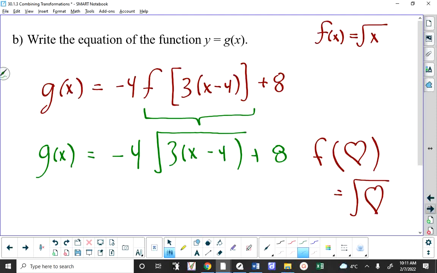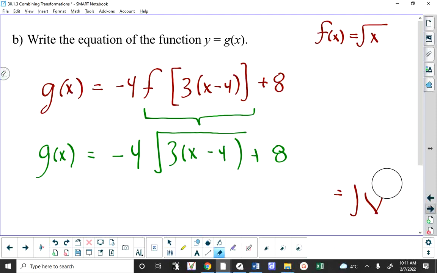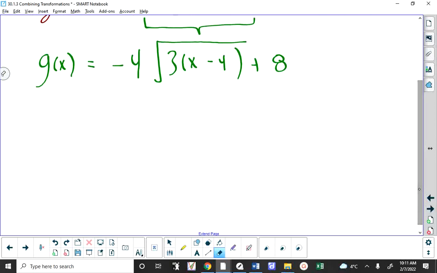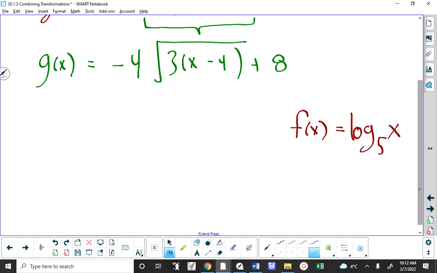Finally, I said to you maybe 5 minutes ago, forget about root x. It doesn't have to be root x. It could have been, and you don't need to write this down, that f of x was log base 5 of x, which is written this way. So what would g of x be?